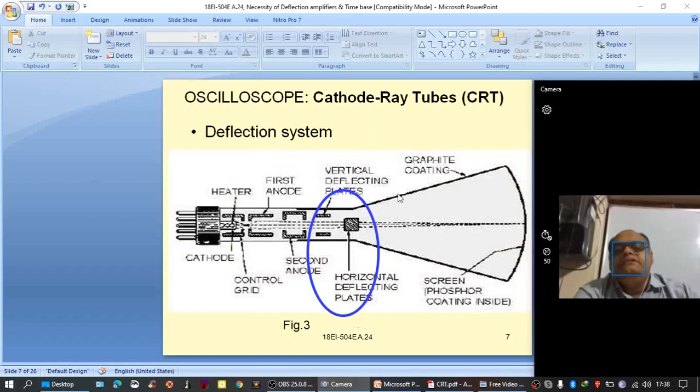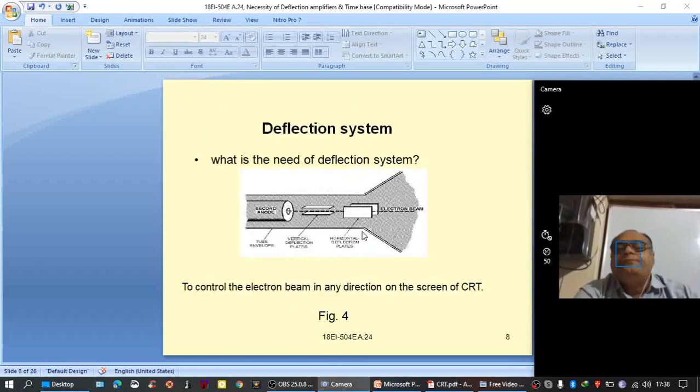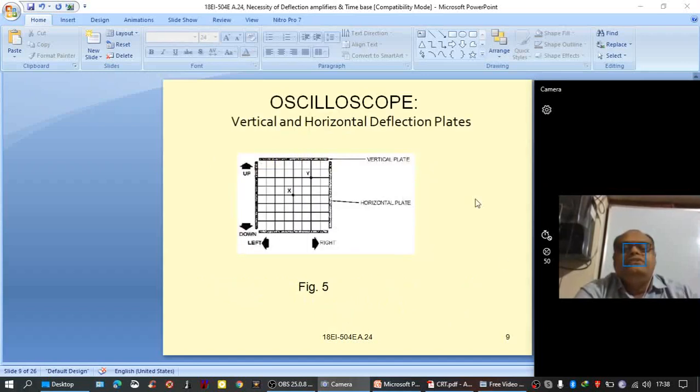Here it is marked deflection system, vertical deflection plates and horizontal deflection plates. What is the need for a deflection system? To control the electron beam in any direction on the screen of CRT, we use the deflection system, with vertical and horizontal deflection plates.